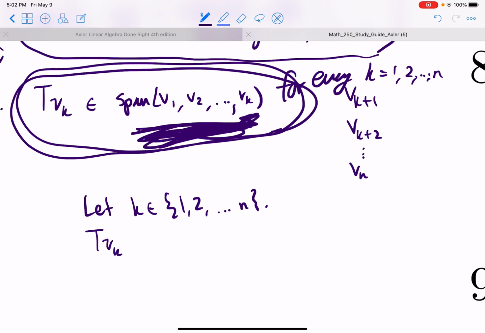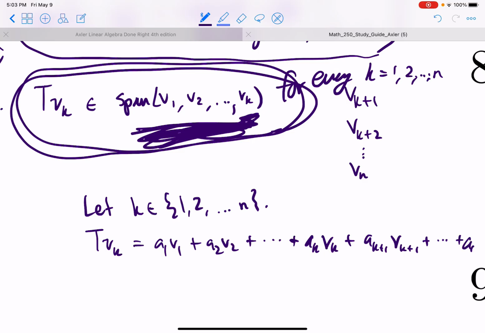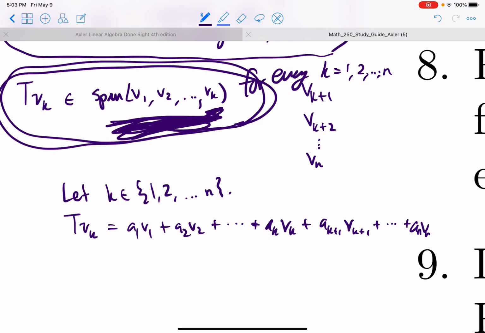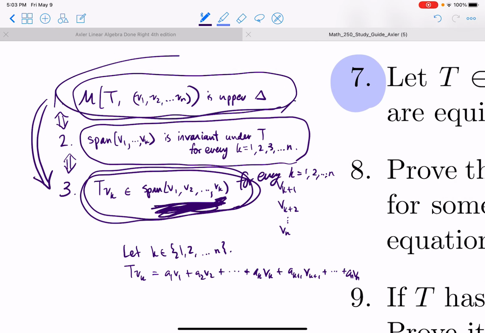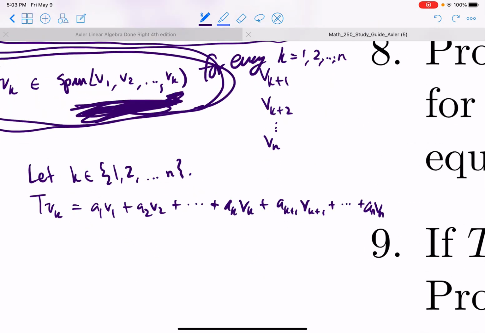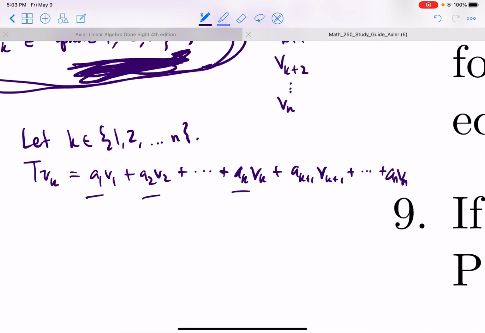T of vk is some vector in the space, so it's equal to some linear combination of the basis, all the way up to and including the kth, and then also the k plus first, and all the way out to the nth basis vector. Okay. But since we're assuming the matrix is upper triangular, what does that mean? Well, these numbers go in the kth column.